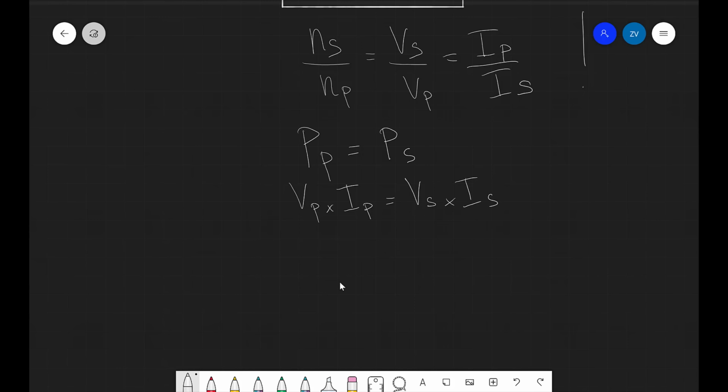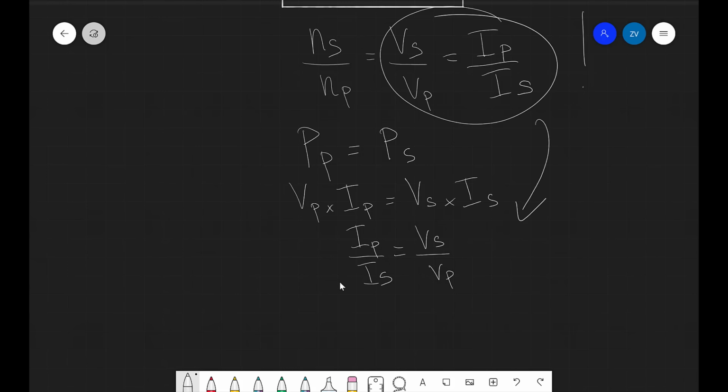So what we can do is just simply rearrange for Vs over Vp. So Vs over Vp will be equal to Ip over Is. So if you're wondering where this part of the equation comes from, it's from right there.